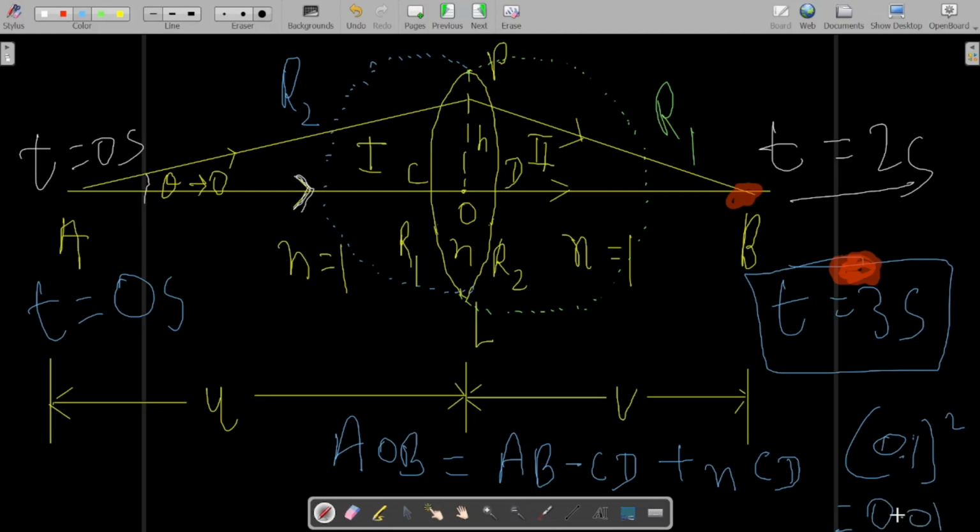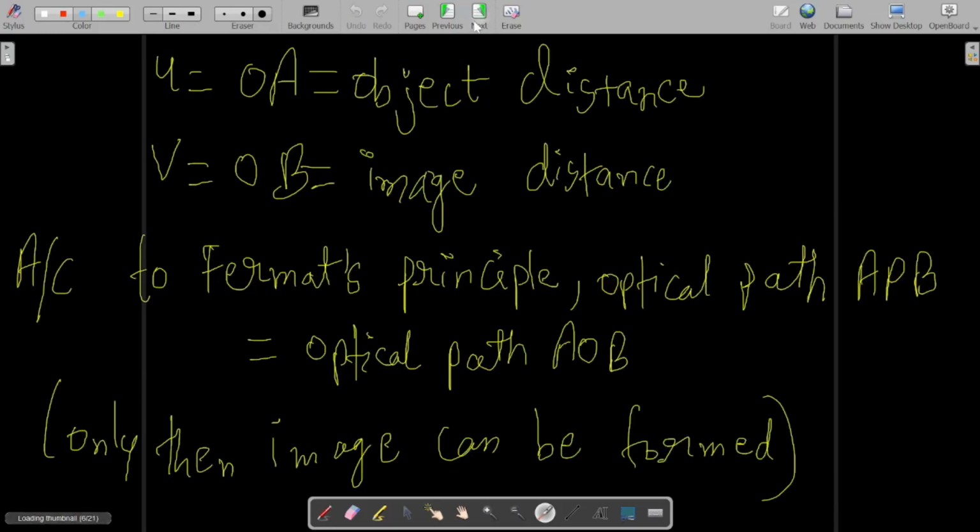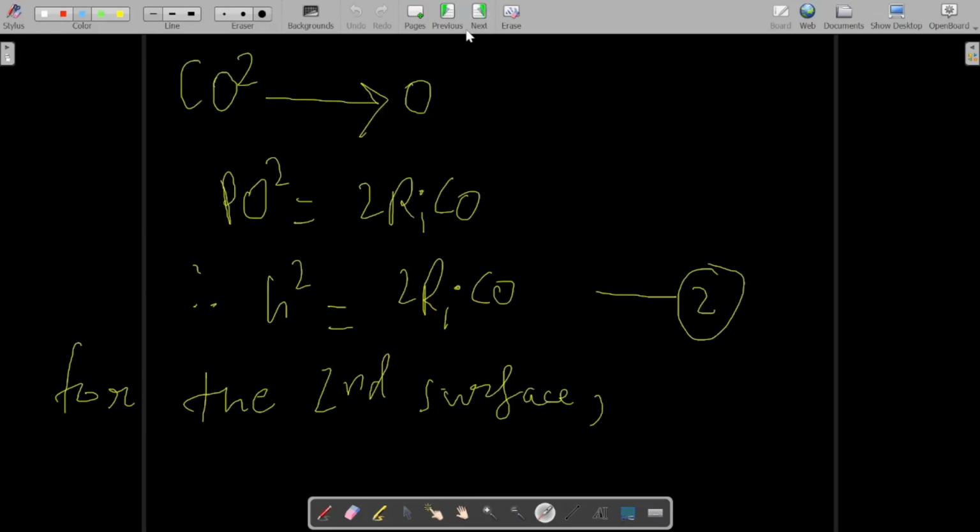So the square of CO will be an even smaller quantity than CO. While writing PO square plus CO square, we will neglect CO square and consider only PO. PO is your H from the figure, so PO square is equal to H square, and this CO square we have neglected.